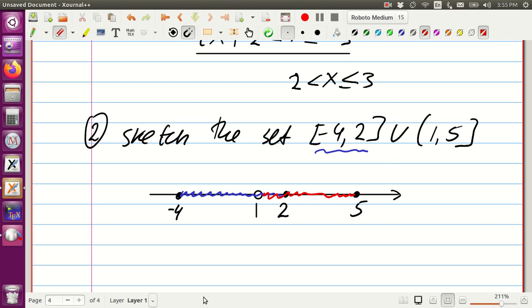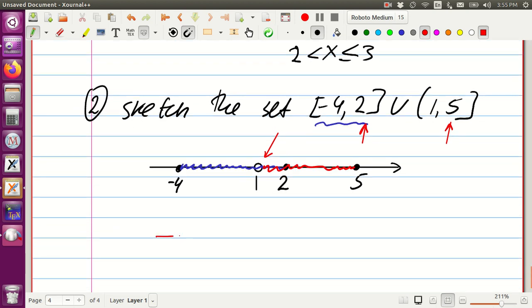So let's try to see. We're going to start at -4. We go all the way to 5. The only thing we have to worry about, do we include this empty circle or not? Empty circle doesn't work for this set, but it's perfectly fine for this set. And since we take in one set elements from one set or the other set or both, since it works for one of them, it works for the union.